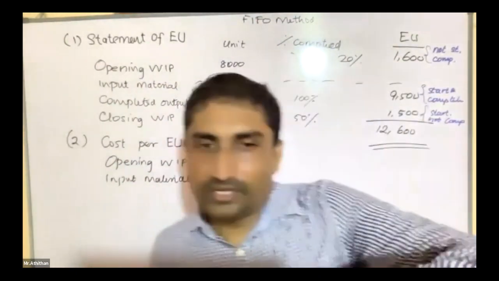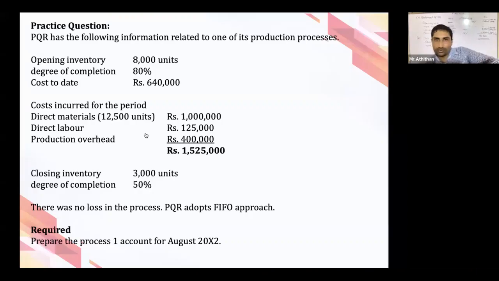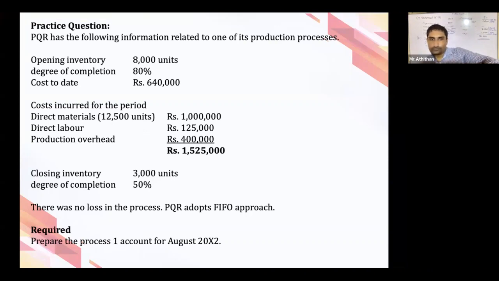So we will take this from the accounts. Example question. Right? If we see direct materials 1,000, direct labor 125,000, production overhead 400. So total cost is 1.525 million.